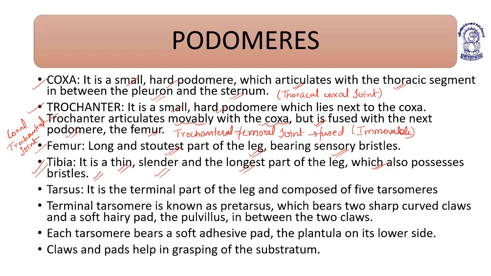Okay, is that understood? So bristles are basically present in the femur and in the tibia. Tibia is the longest part of the leg. It is thin, slender-like, which also possesses bristles.